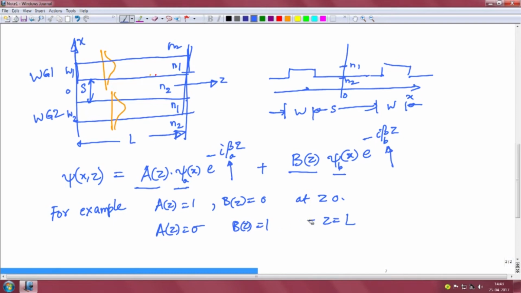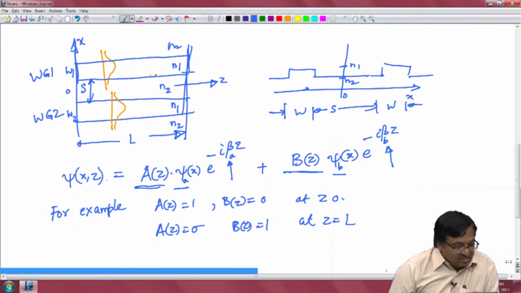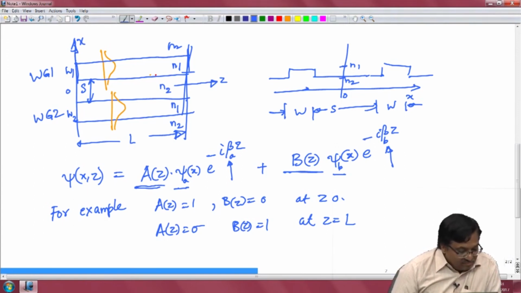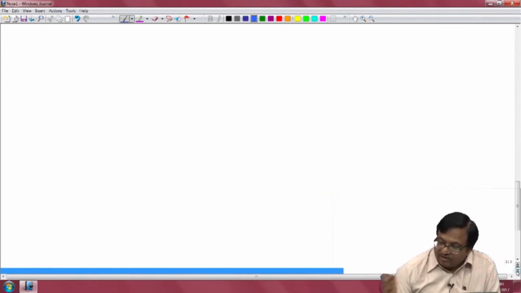So, the crux of the problem boils down to evaluating A of z and B of z. Since they are functions of z, it implies that the power is exchanged between the first waveguide and second waveguide, and we need to evaluate how they are exchanged. So, let us start with the scalar wave equation and substitute for the mode field.